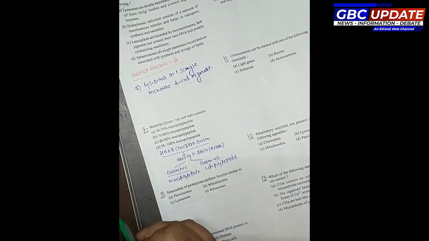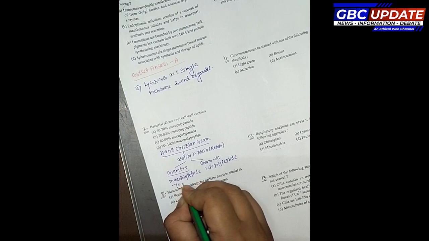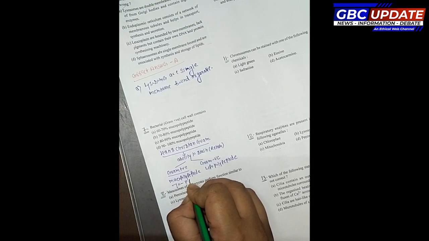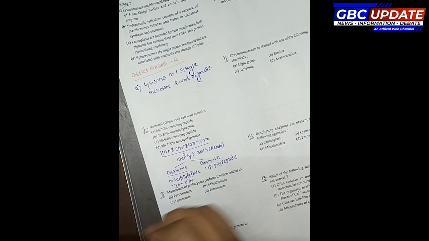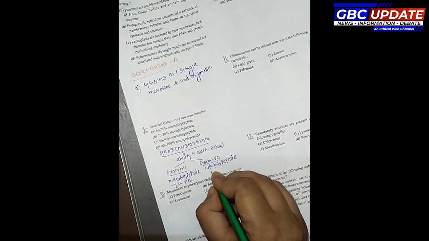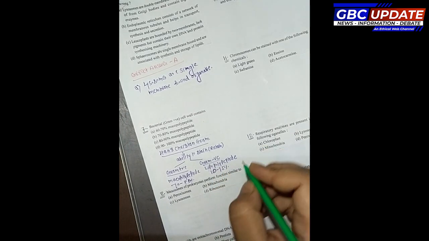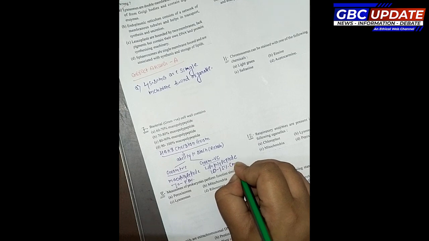These are lipid plus polypeptide, lipid plus protein. So gram positive bacteria contain 70 to 80% of mucopolypeptide, while gram negative bacteria are rich in lipopolypeptide, so they contain only 10 to 15% of mucopolypeptide.